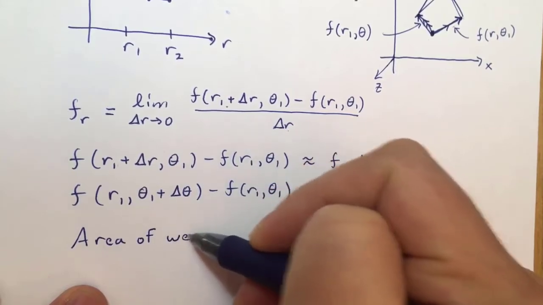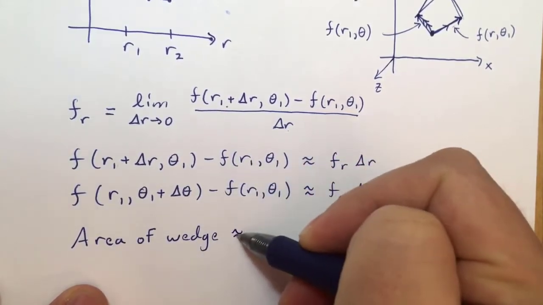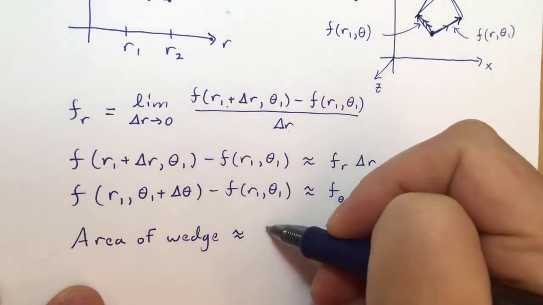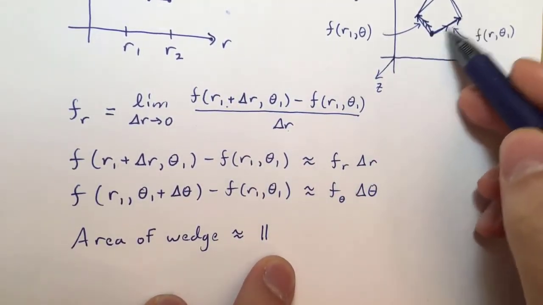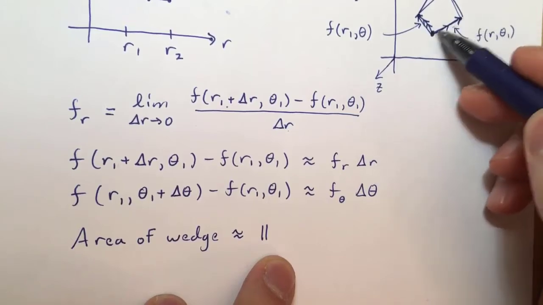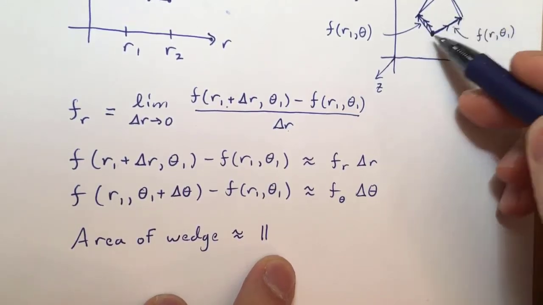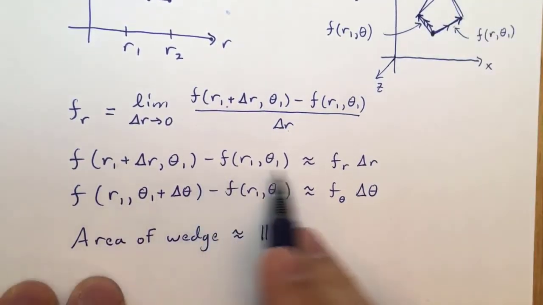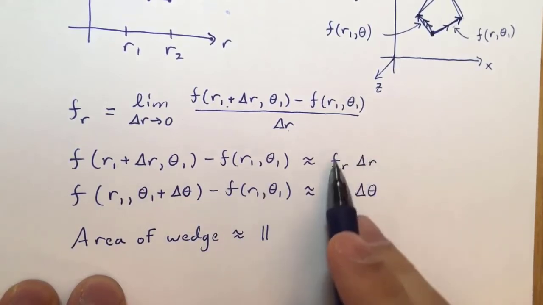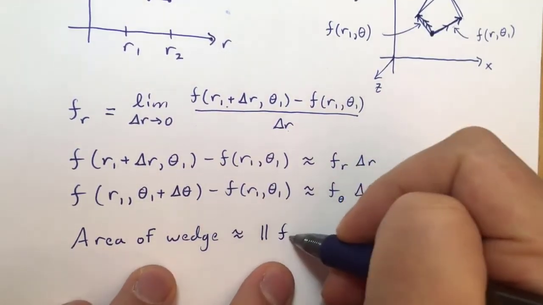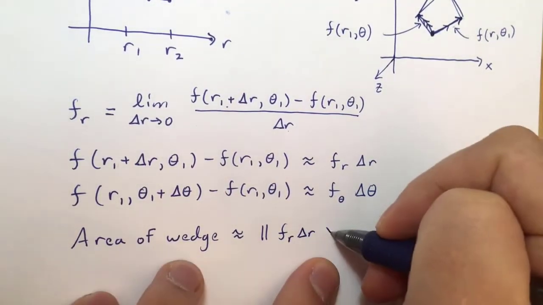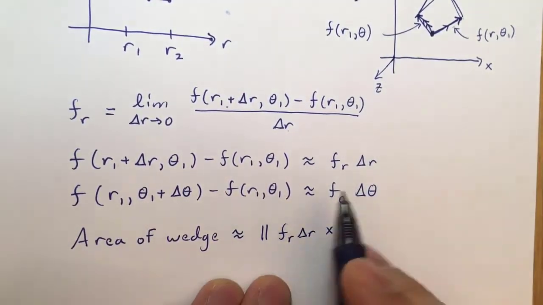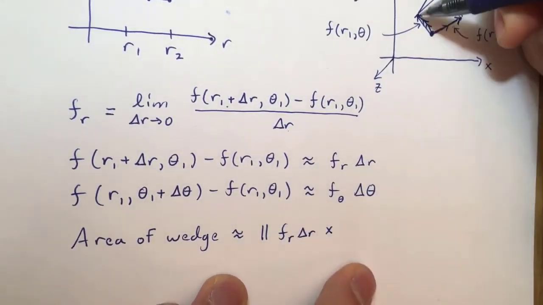So the area of the wedge is approximately equal to the area of the parallelogram. So it's approximately equal to the magnitude of this vector cross this vector. But we said that this vector is approximately equal to this. So what we want to do is take f_r delta r and cross it with f_theta delta theta. That's this vector here.